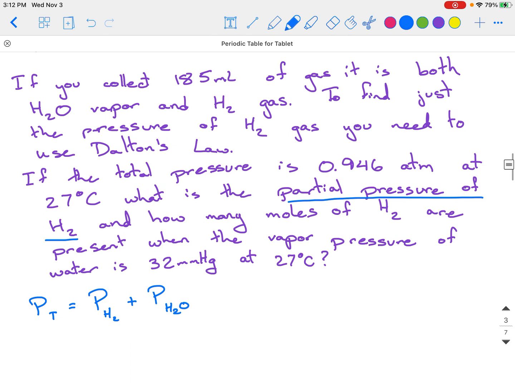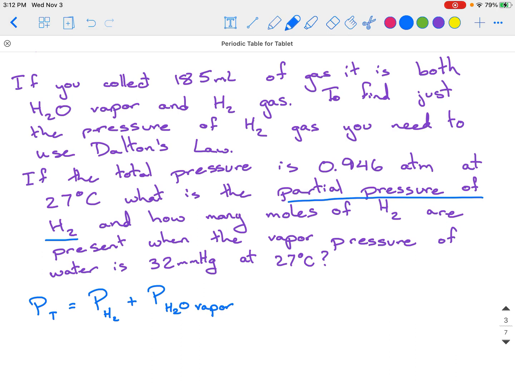And because water has a pretty strong IMF, but it's not quite strong enough to not have any water vapor in the gas phase, there will be some water vapor molecules up there. Okay, so we'll just specify that it's vapor.